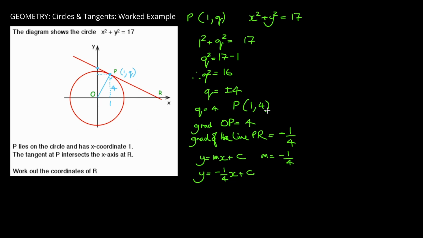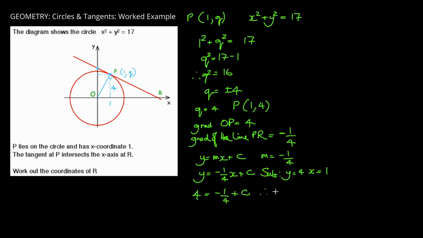As we know a coordinate, we can put the coordinate into our equation, here is our x value and here is our y value, and solve for c. So I'm going to sub y equals 4 and x equals 1. So we get 4 is equal to negative a quarter, x being 1, plus c.